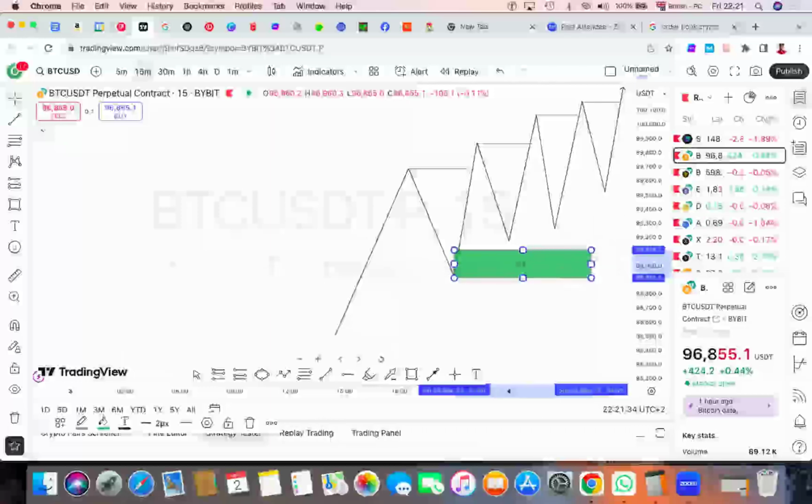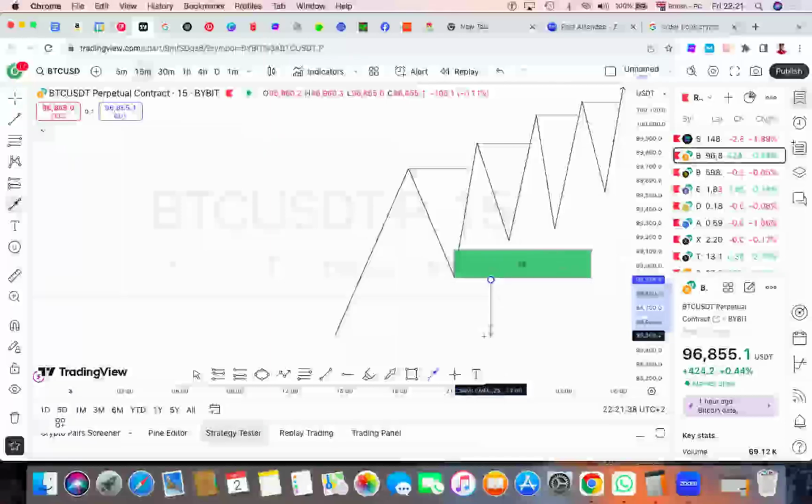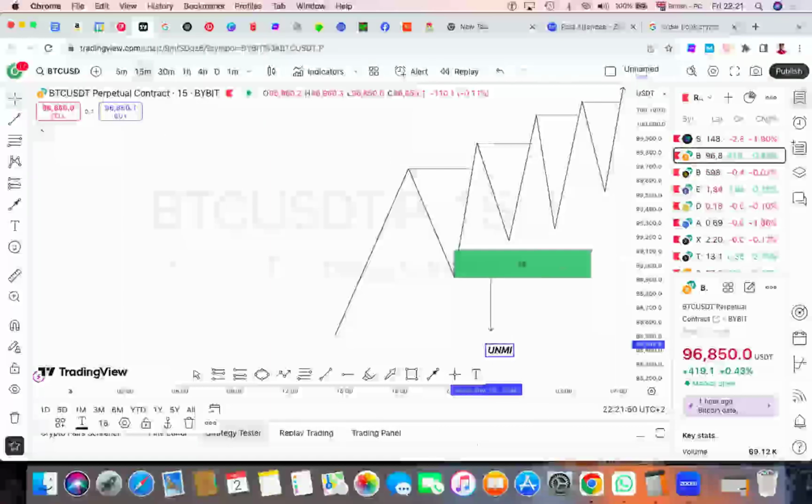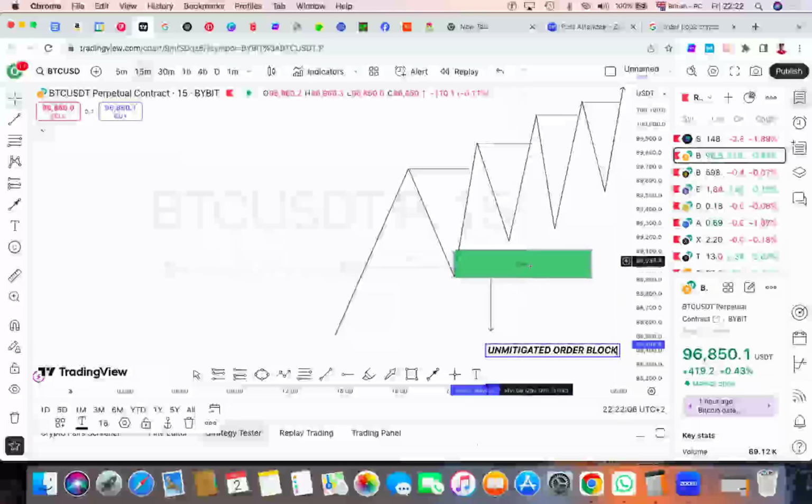This is what we refer to as an unmitigated block. Order block, or just simple OB. All right. So this is an unmitigated order block.